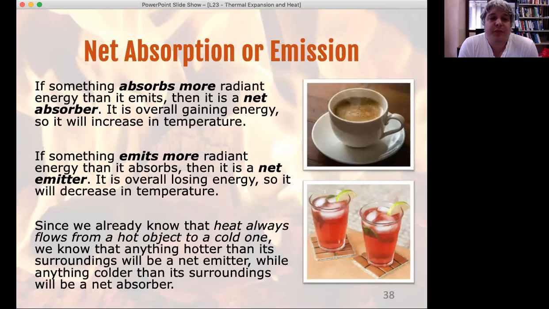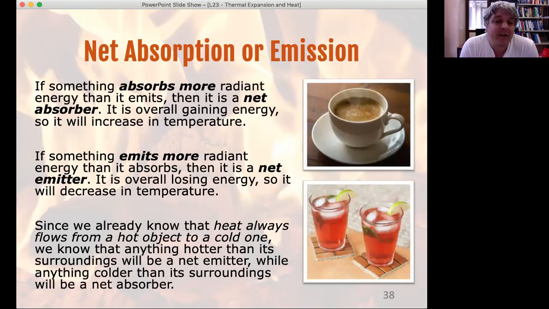If something absorbs more radiant energy than it emits, then it is a net absorber. If it is overall gaining energy, it will increase in temperature. If something is emitting more radiant energy than it absorbs, then it is a net emitter. That means it is losing energy, giving out more than it's getting in, so it will decrease in temperature.